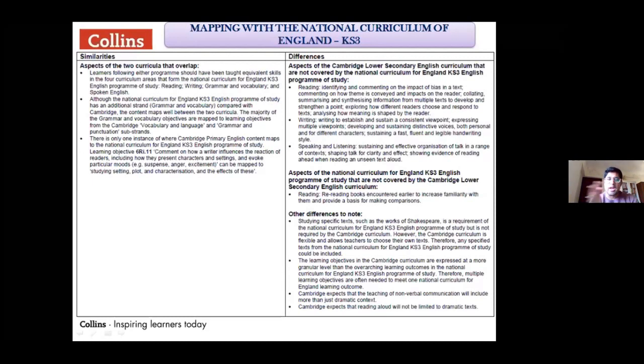And I'll show you the gaps in the transition wherein, in the curriculum framework, they have clearly identified what is expected of the learners at the end of a particular stage, or rather at the end of a particular grade.